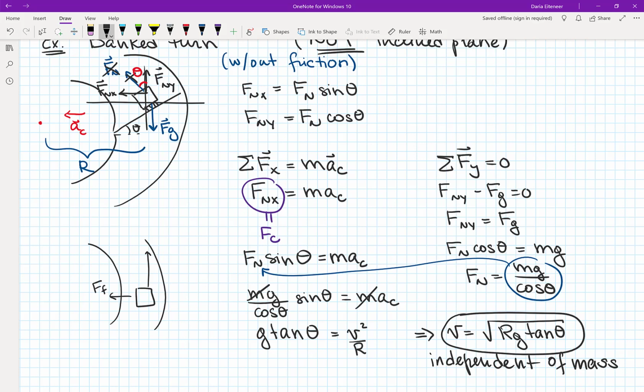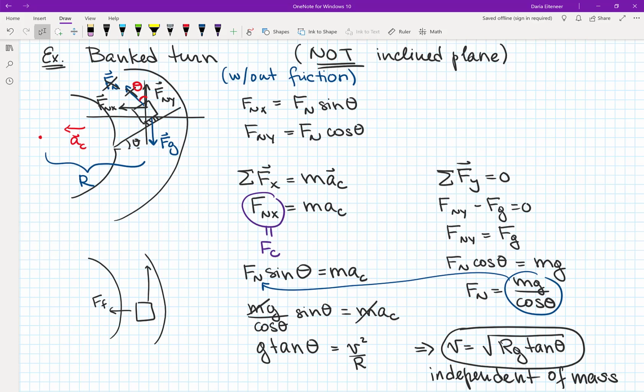Don't try that at home, but I'm just saying that friction would also help to contribute to centripetal force. And like I said, I recommend that you take the setup, add force of friction to it, right? So into the turn, but it's going to have to be along the plane, obviously, right? Because that's where the contact between the wheels and the road is.